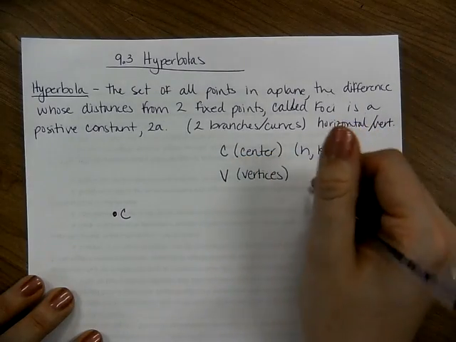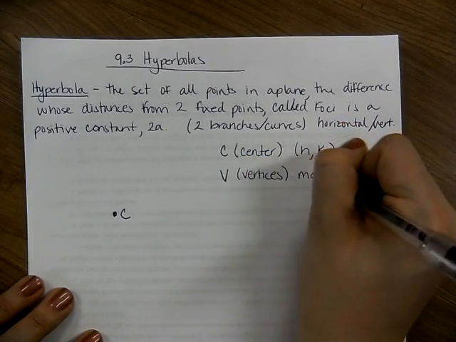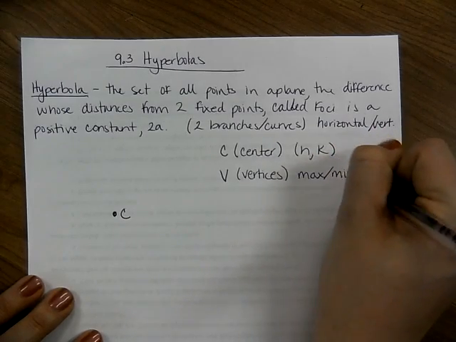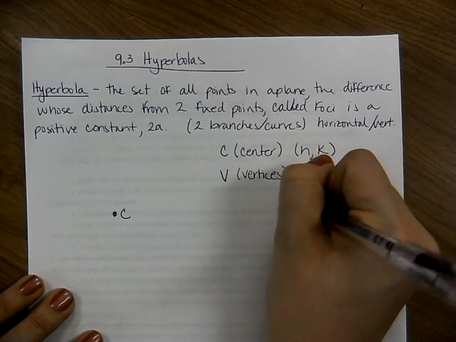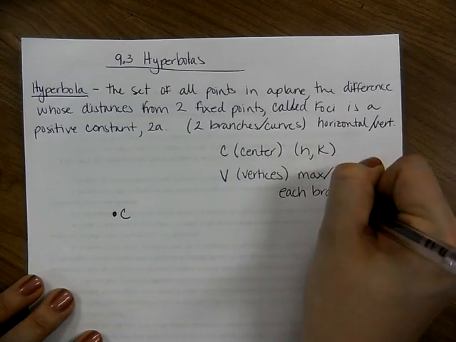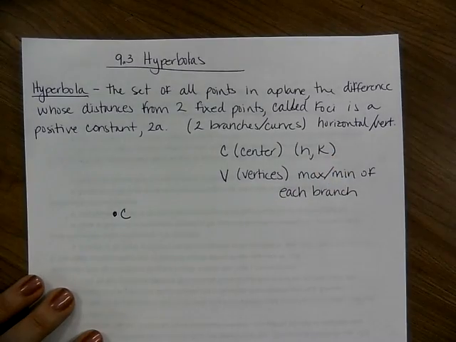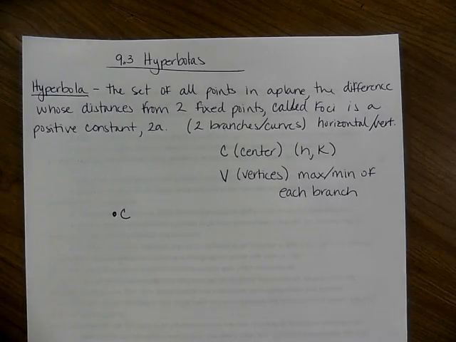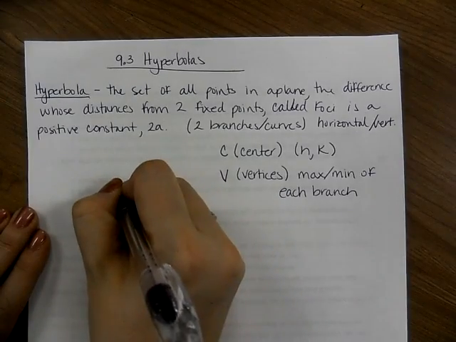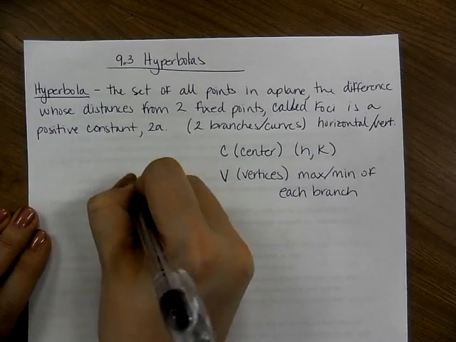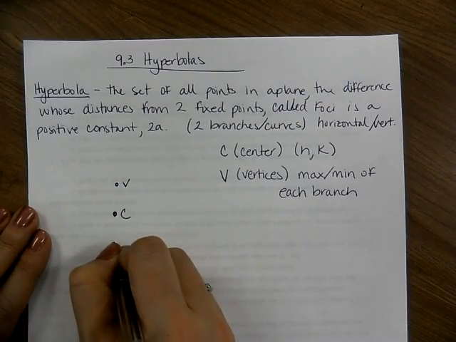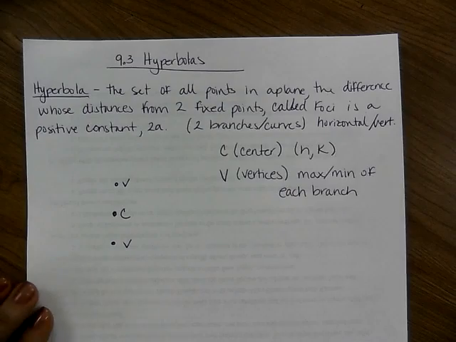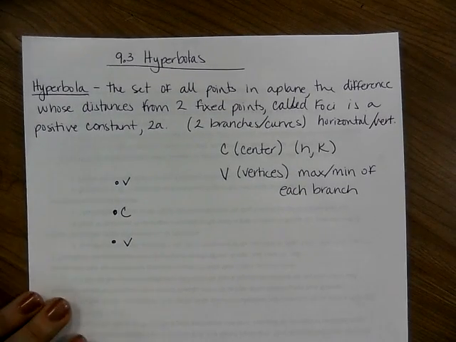And the vertices are like the max and the min of each branch, or each curve, or each piece of that, the half of the parabola, like. Okay, so now above this, let's just put a vertex here and a vertex here. So there are two of them. Okay.